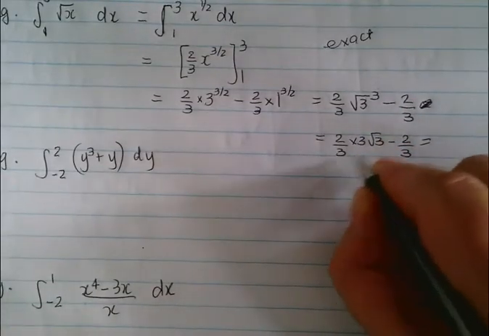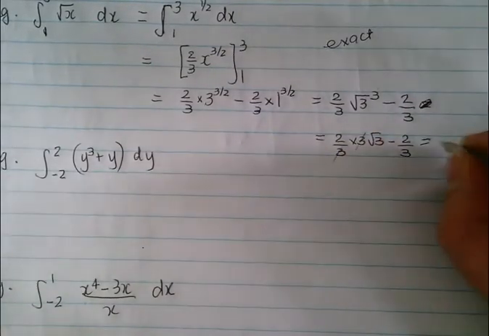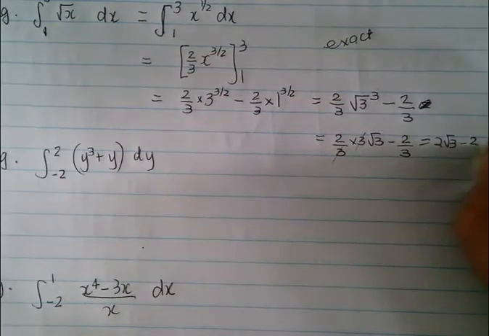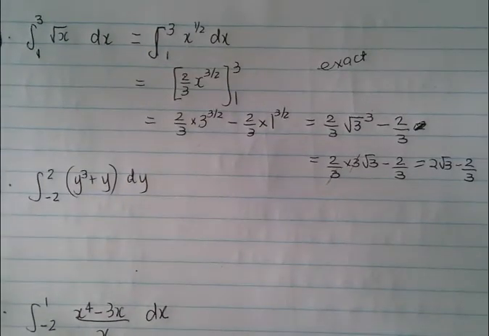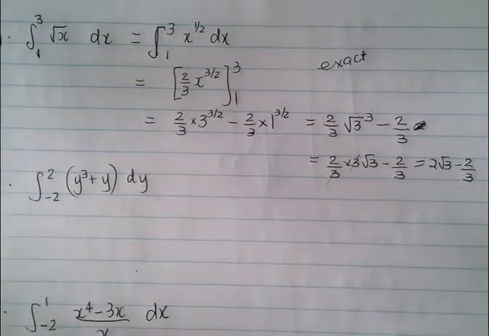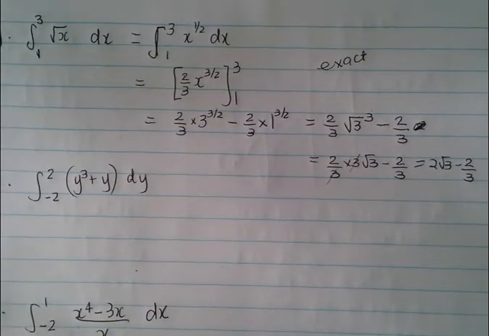What cancels? The 3's, and you get 2 root 3 minus 2/3. You can and often will be asked to work it out as an exact value, though we all know you could throw it into your calculator. Can we see that?